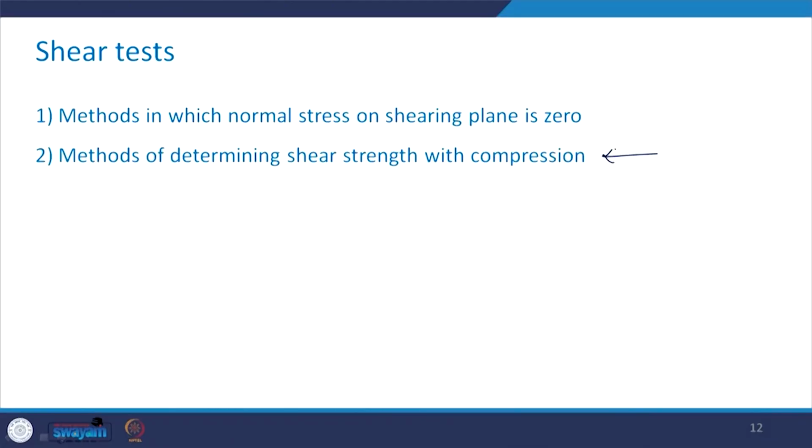So, all the problems which were there because of these unknown tensile stresses can be overcome with the use of the second category of methods, the determination of shear strength with compression.